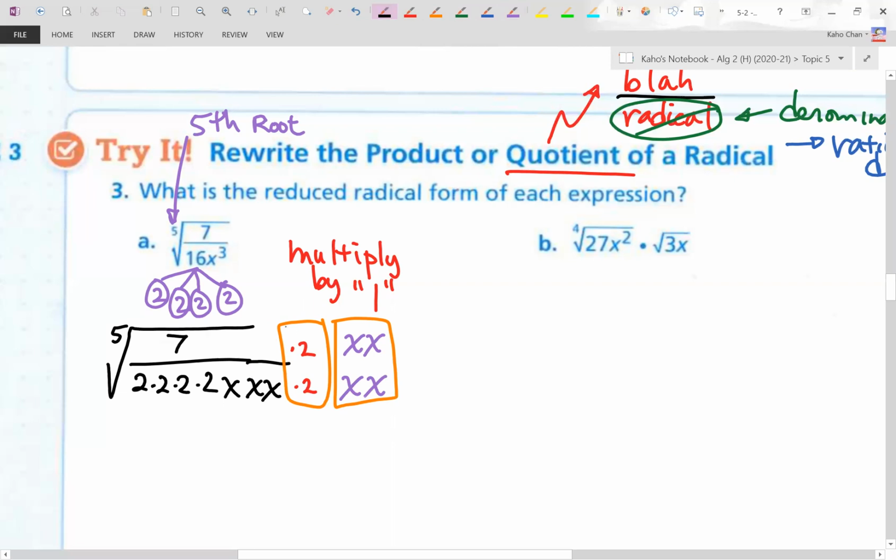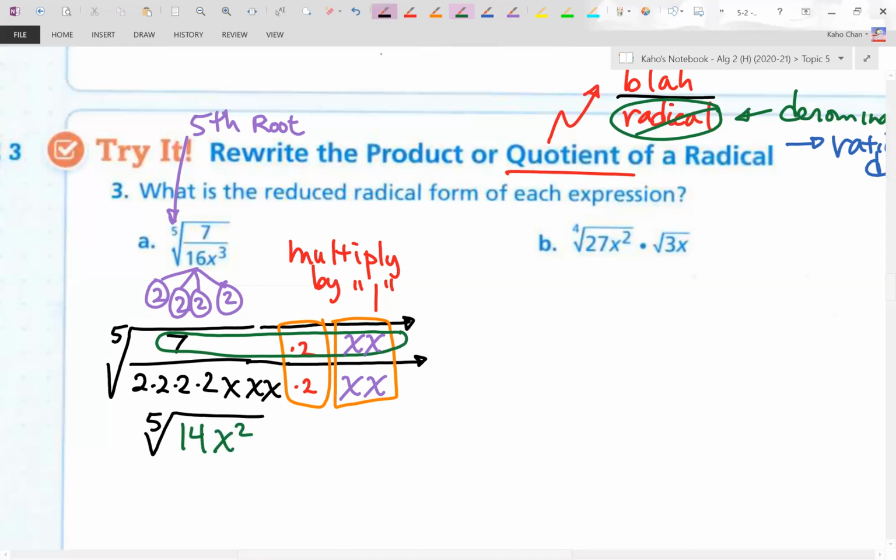And we're extending this. And we're extending that, okay? So right now, we now have in the numerator the fifth root of 7 times 2 times x times x. You all see that? 7 times 2 times x times x. That is 14x squared.